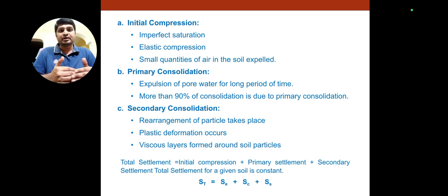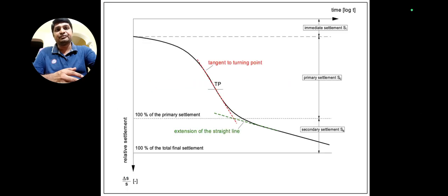In numerical terms, total settlement is equal to elastic settlement, denoted S suffix E, plus primary settlement, S suffix P, plus secondary settlement, denoted S suffix S. So these are the three different types of settlement or consolidation processes that occur in the saturated soil mass.